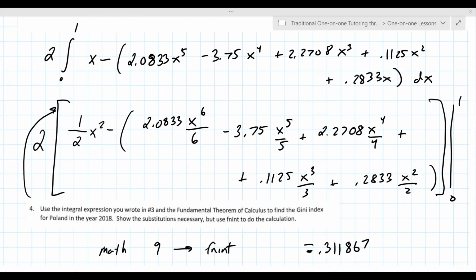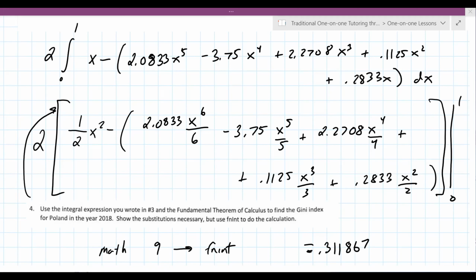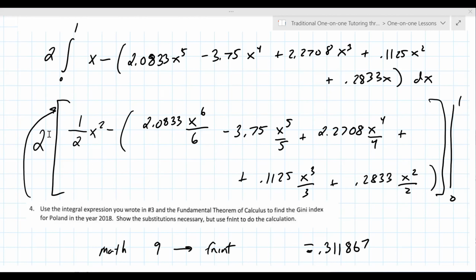That's a great question, because what did we get for the first one? Let's go read this. This is where I actually have to read it. A country where every resident has the same income would have a Gini index of 0. So basically we want the one with the smaller area. So Poland was 0.311.